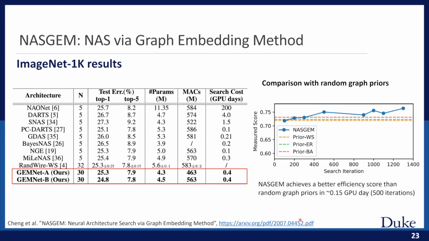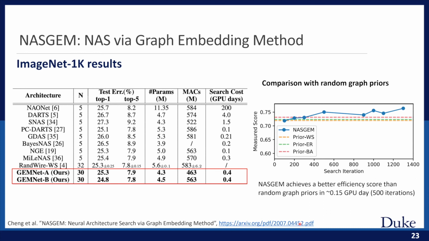And finally, as you can see, we can use the best architecture we find and evaluate on the image dataset. It obtains a much better performance than other gradient-based methods and has a very similar low search cost as a gradient-based method. The figure on the right-hand side shows our method can also achieve a better efficiency score than random graph search in only 0.15 GPU days.